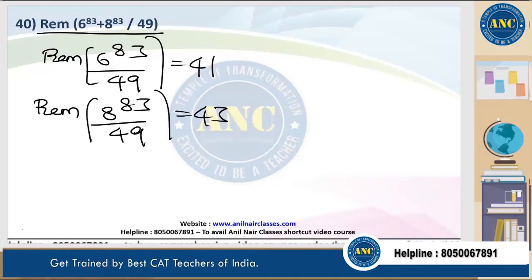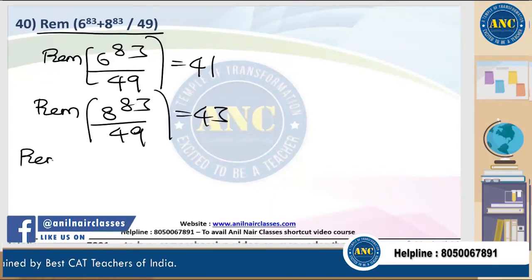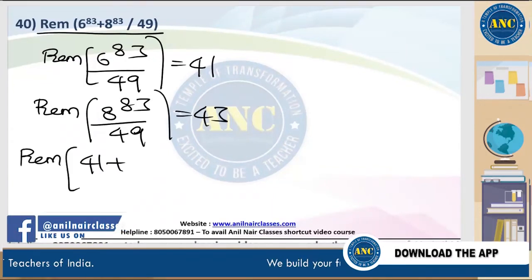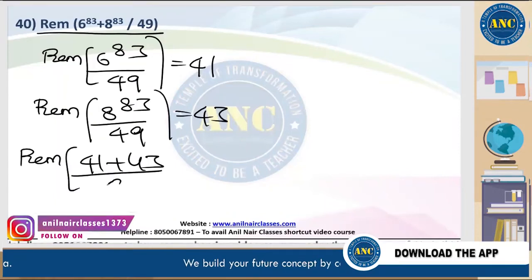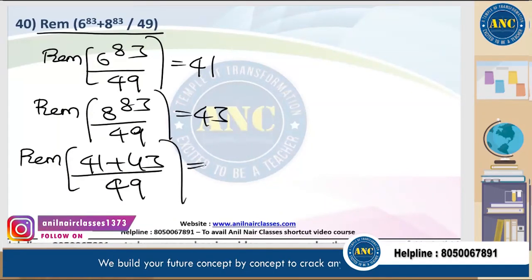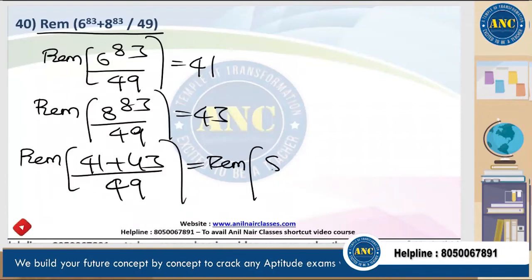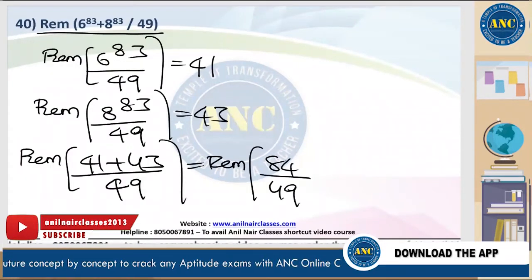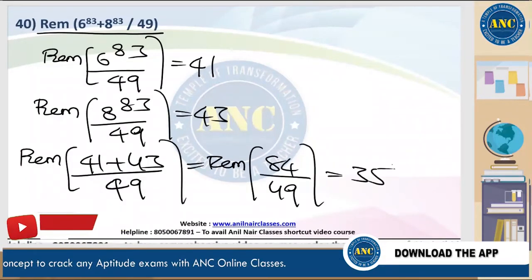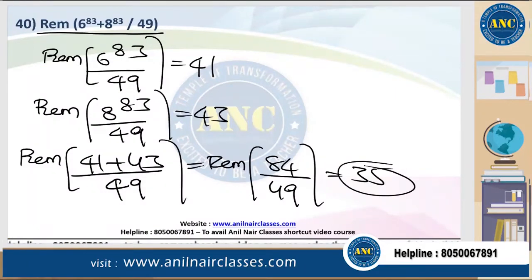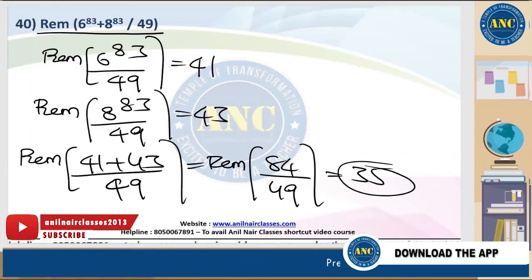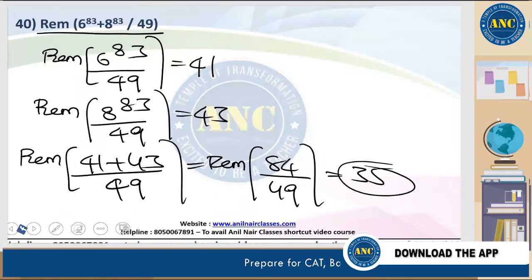So if I add it, it is nothing but 41 plus 43 divided by 49, which is 84 by 49. 49 ones are 49. Answer is 35. Idea clear, right? 40th question. 41st question.